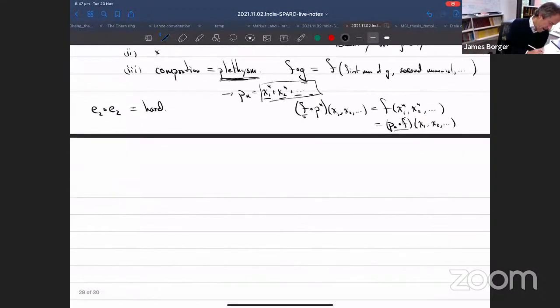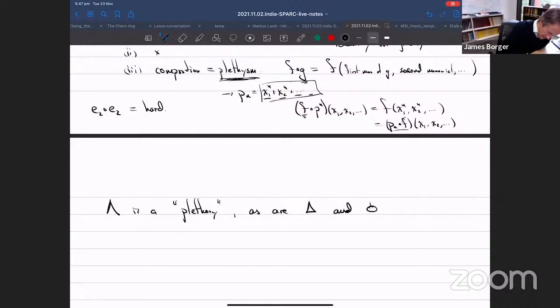So in this paper, we coined this term, a plethory. Lambda is a plethory, with operations delta and psi. Delta is a system of operators that knows how to act on a commutative ring.